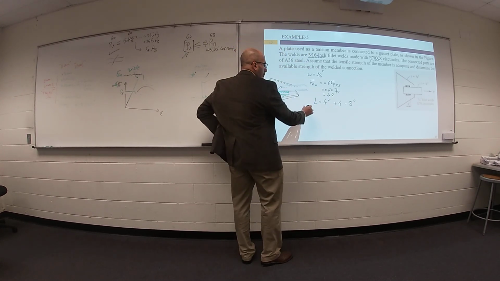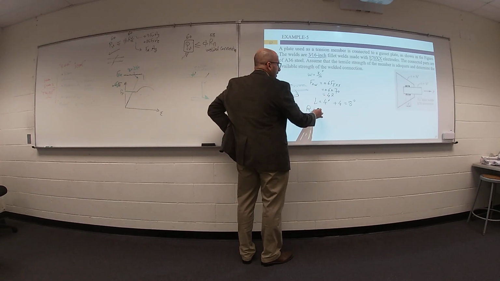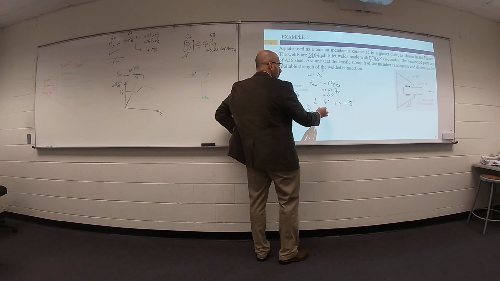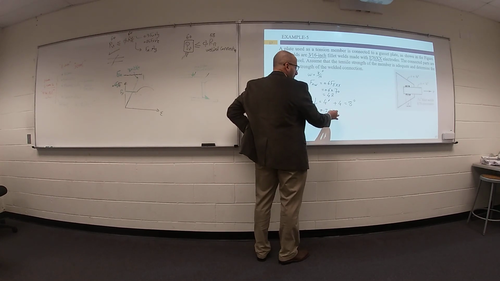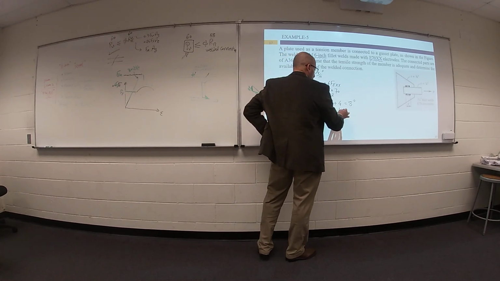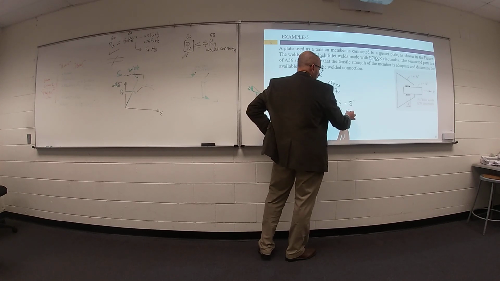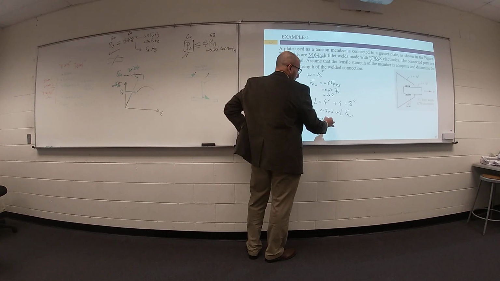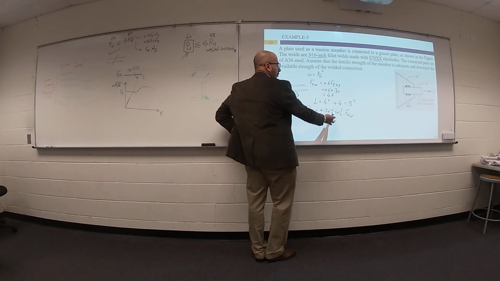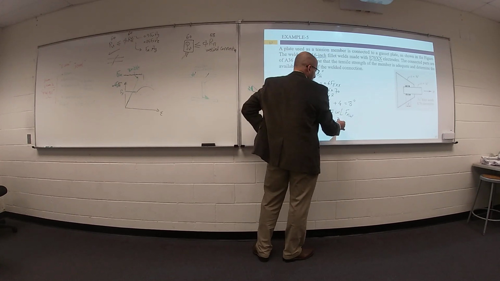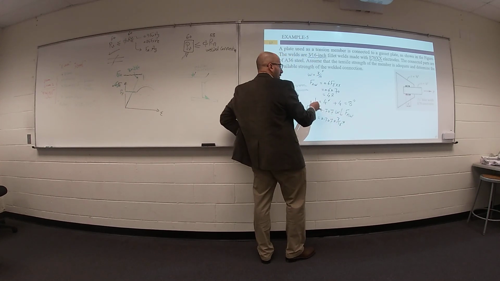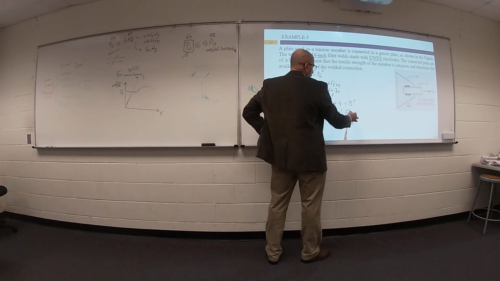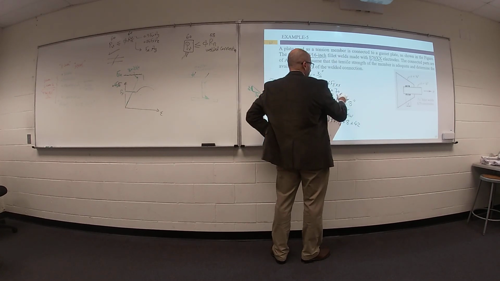Then go ahead. What is the value of nominal strength of this welded connection? Rn equals 0.707 W L FNW. That's all. 0.707, size of weld equals 3/16, total length of weld equals 8 inch, FNW equals 42 ksi.